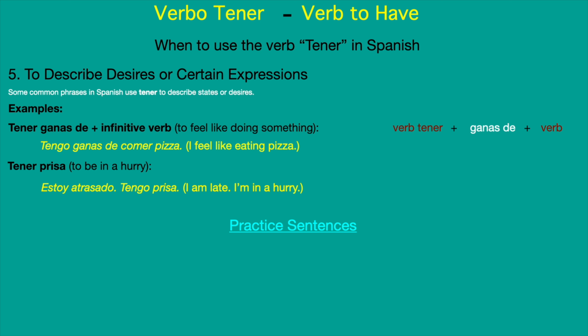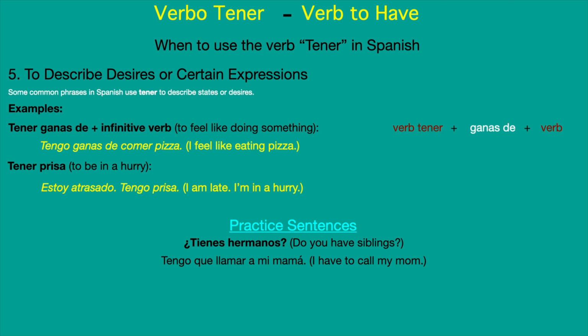And here we have some practice sentences. Tienes hermanos? Do you have siblings? Remember that we don't have to use the pronoun at the beginning. Tengo que llamar a mi mamá.